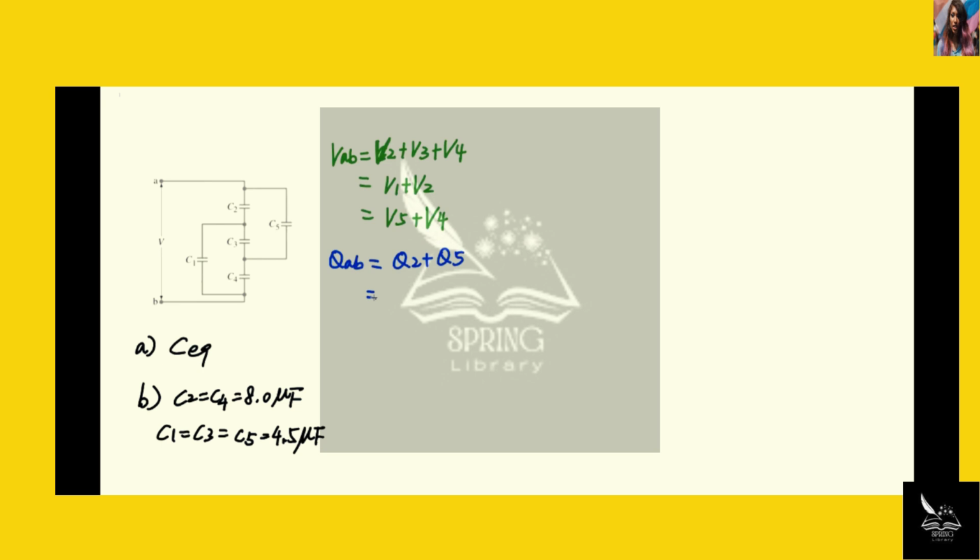And it also equals, if we go this way, Q1 plus Q4. And another relationship exists in the middle if we want to look at it here. So we have Q2 equals Q1 plus Q3.